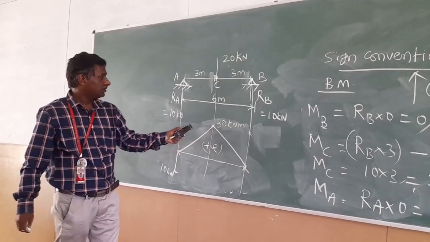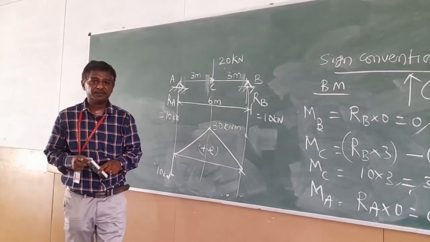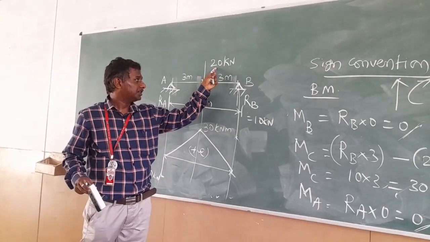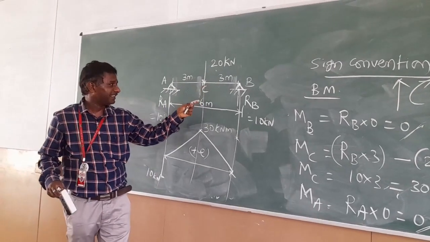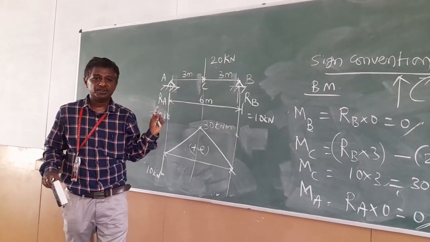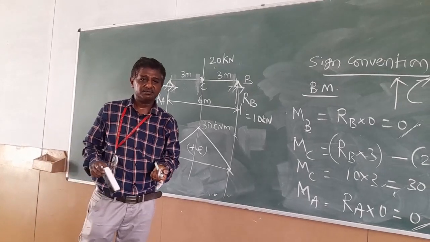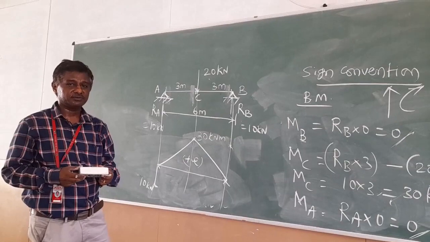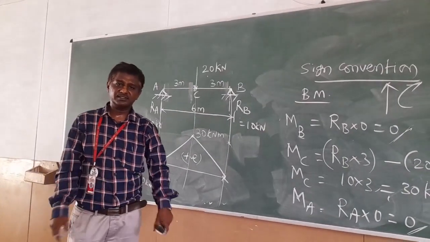Right. Okay. So this is the bending moment diagram for the given problem, a simply supported beam with the 20 kN point load acting exactly at the center point. We will discuss another problem in the next class with a simply supported beam with 2 point loads. Okay. Thank you for this session.